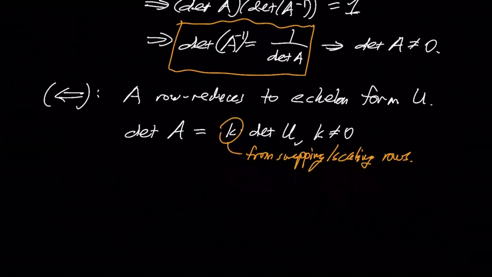But the determinant of U is the product of the diagonal elements, right? If we think about writing the diagonal elements as U sub 1,1 at the top left, and so on, if this is not 0, that would imply none of these numbers are 0.